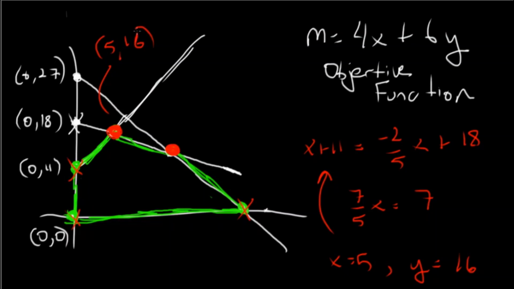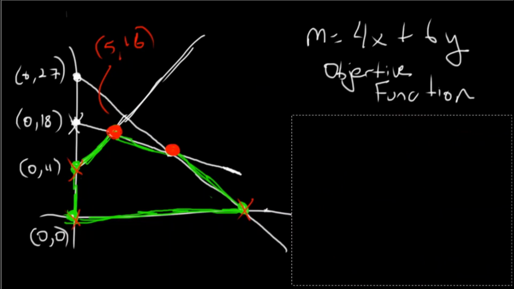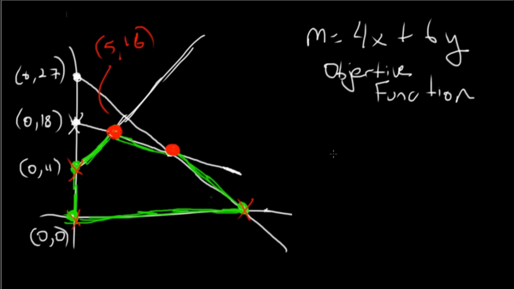All right, let's go ahead and solve the other one as well. So I'm just going to go ahead and continue to use this page. Awesome. So we want to look at this intersection. So we have negative x plus 27, and we have, once again, negative 2/5 x plus 18.